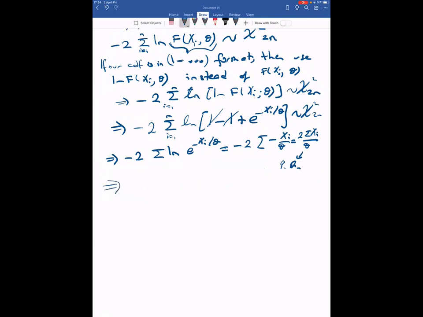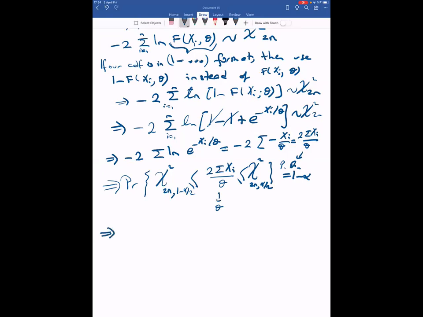So in the construction of the confidence interval, in the probability statement, we have our pivotal quantity, which is this one. But now we know the upper bound and lower bound. Our lower bound and upper bound are chi-square 2n percentiles with the corresponding upper tail probabilities. The only thing that we need to do is solve this for theta.